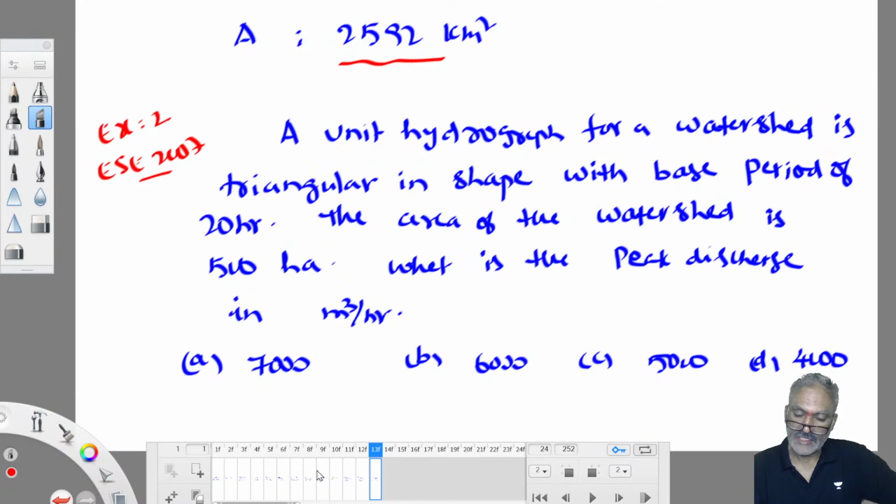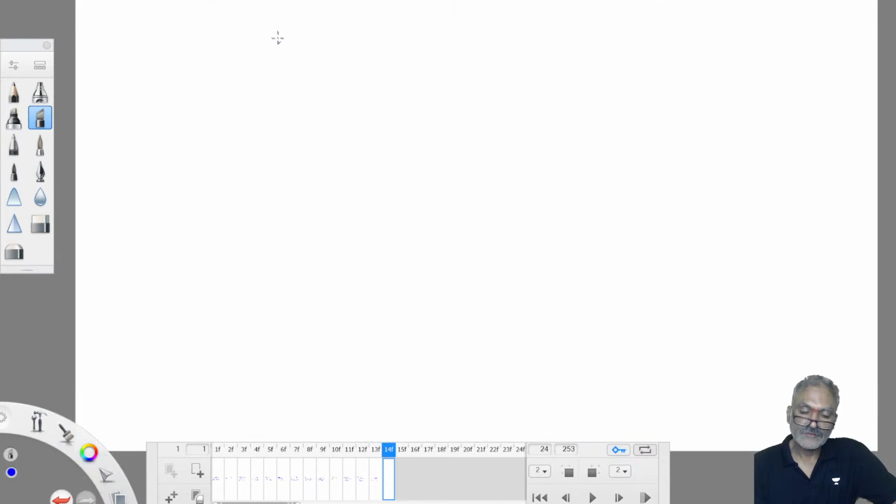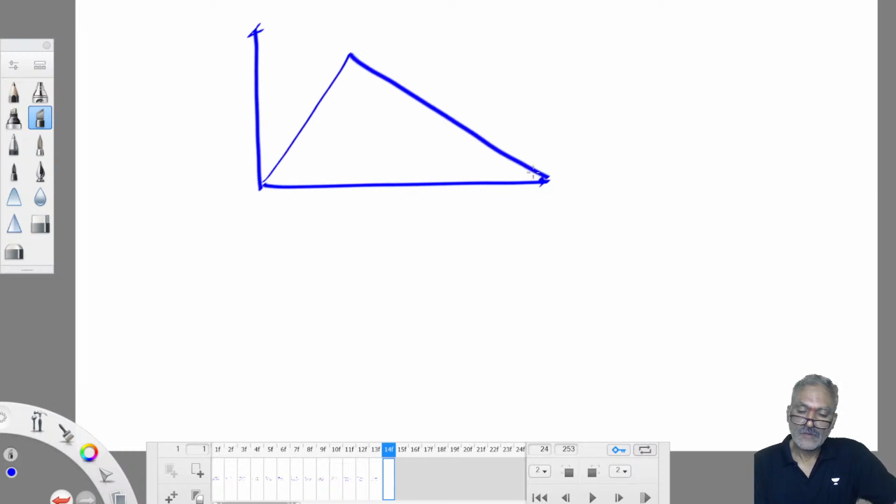Okay, so it is a triangular hydrograph with 20 hours base. The peak discharge is not given, that you have to find out. I will assume this peak discharge is QP, meter cube per hour. This is unknown.